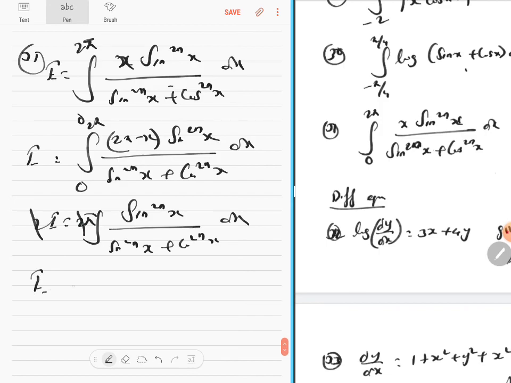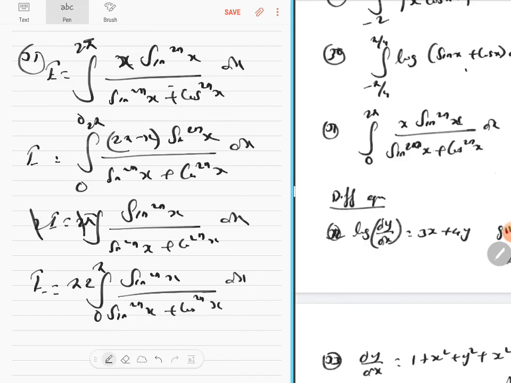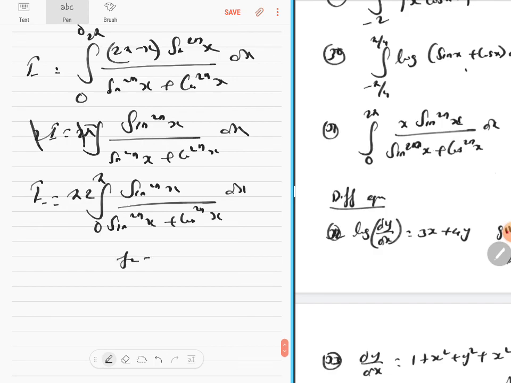You have I is equal to pi into integral 0 to 2 pi, and can I write it as 2 times 0 to pi using the property f of 2a minus x is equal to f of x? Yes. You must write the property in the exam. So then 0 to 2a can be written as 2 times 0 to a f of x dx.